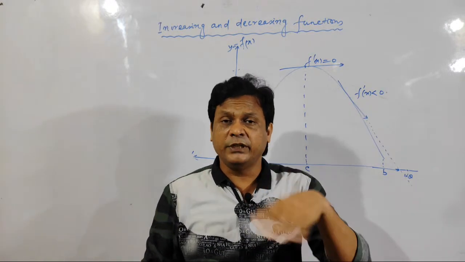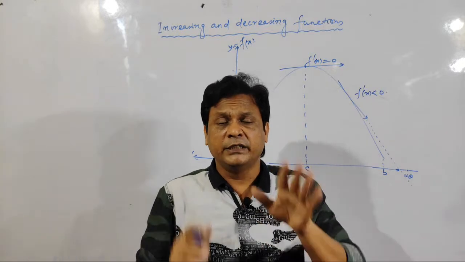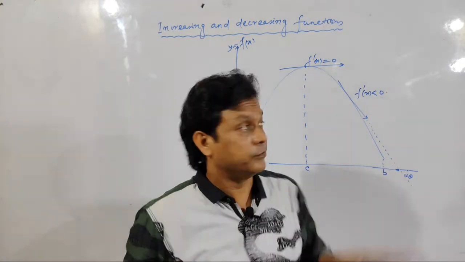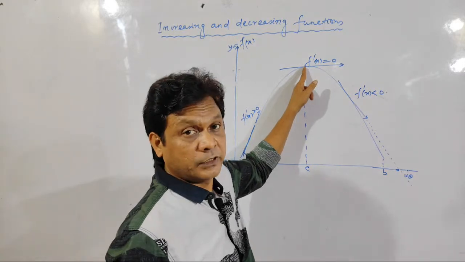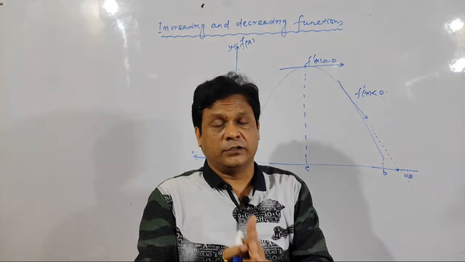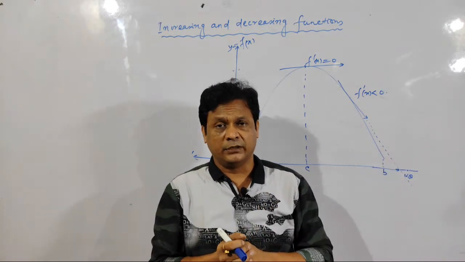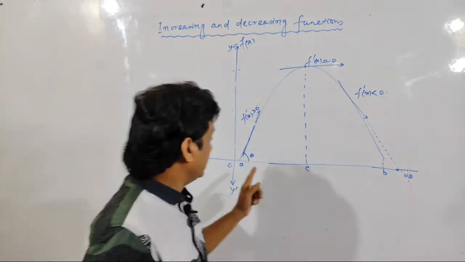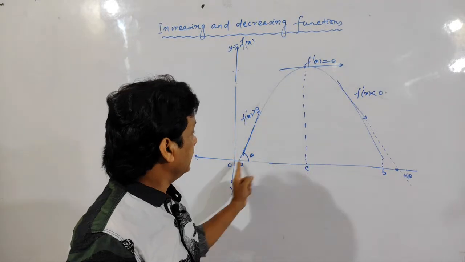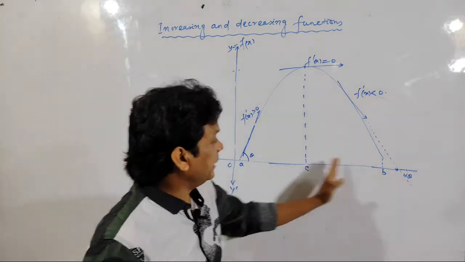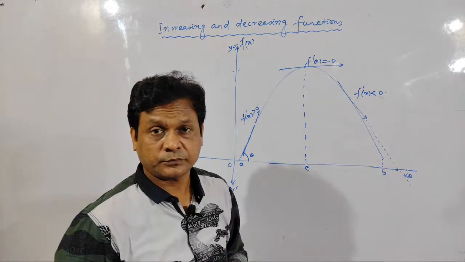And if the derivative is equal to 0, at that point the graph is neither increasing nor decreasing. Clear? And that point is the partition. At that point, you can partition the whole interval. That means from A to C the graph is increasing, and from C to B the graph is decreasing.